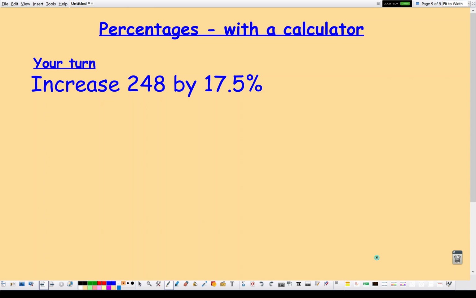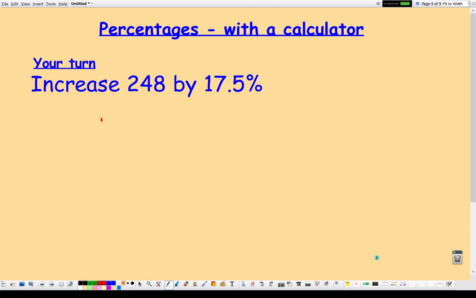Okay, any answers? Okay, great stuff. You're doing really well this afternoon, third year. So everyone again has got the same answer, so I'm going to assume it's correct. 291.4.